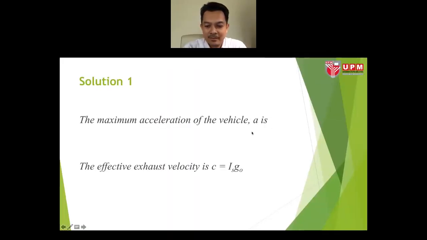Guessing 274? 274 meter per square second, right?